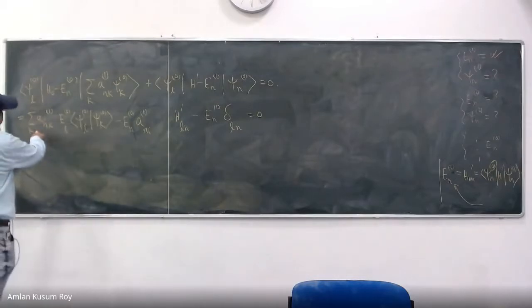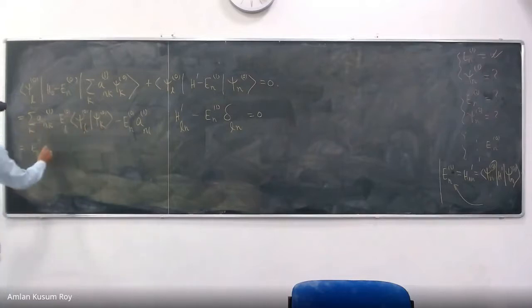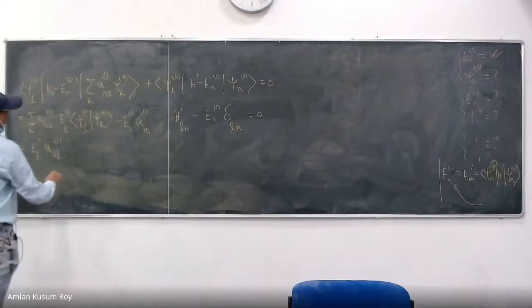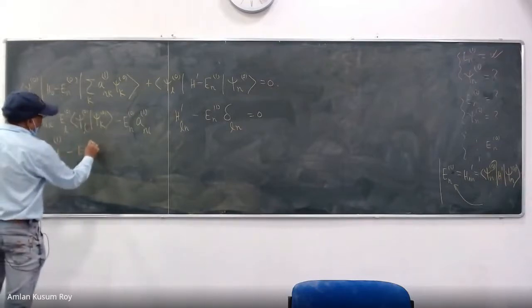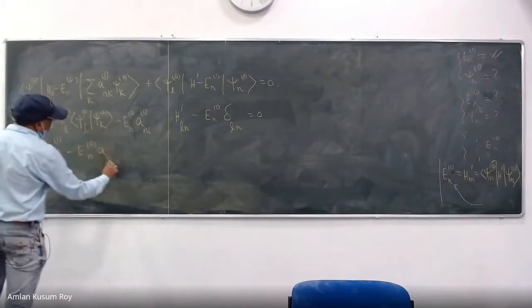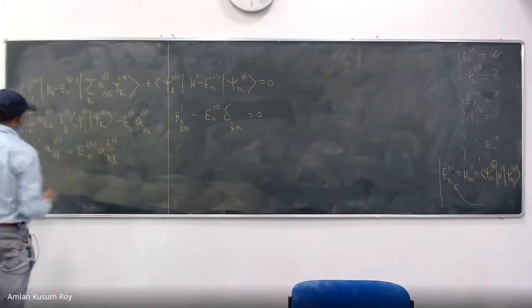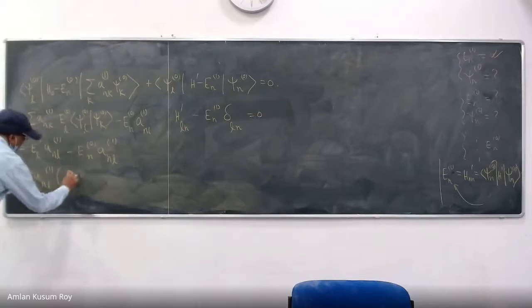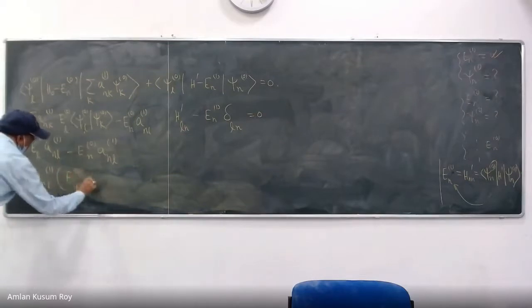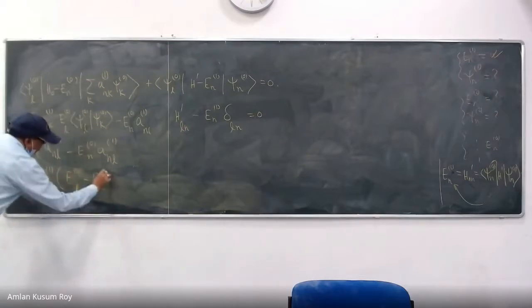If your K is only L, then only this term survives. So that means I will again write ENL1, into 1 minus EN0 ANL1. Okay, so that means I get ANL1 into EL0 minus EN0.